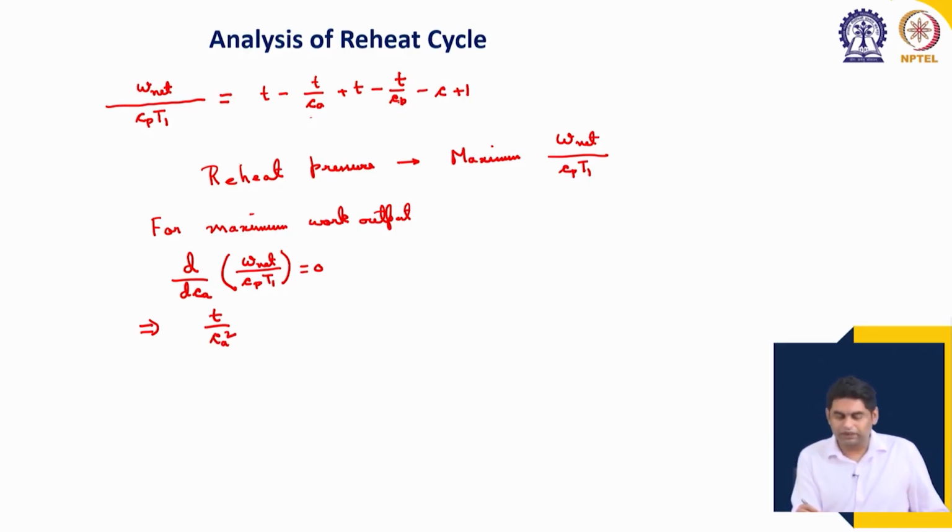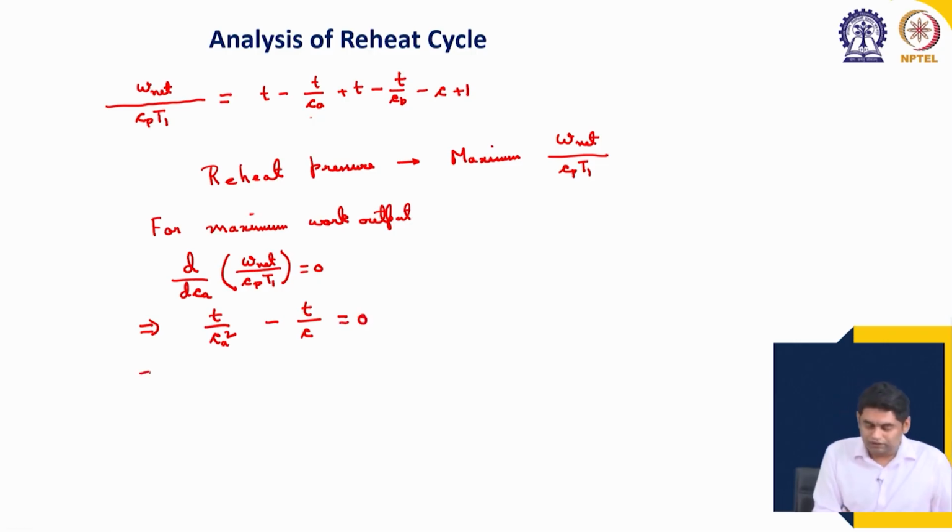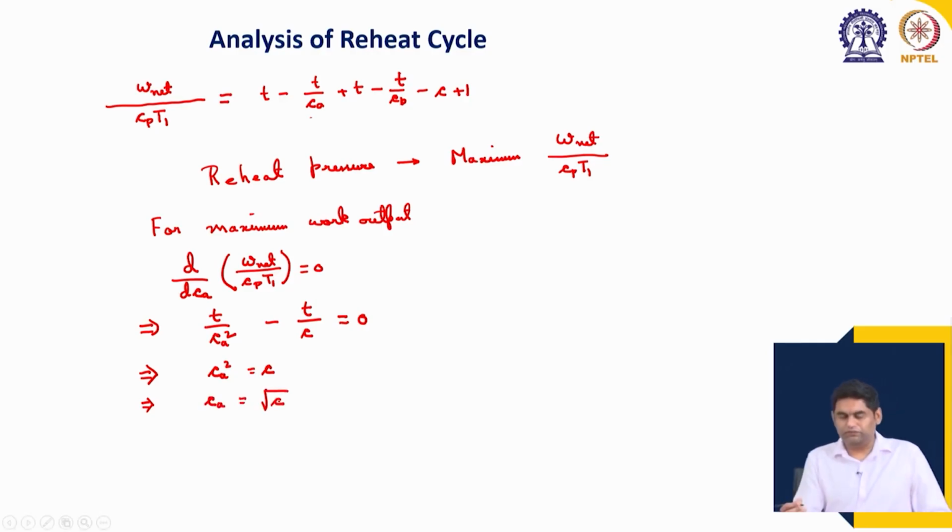C B can be written as C by C A, which will give us after differentiation with respect to C A, T by C, and fifth and sixth terms vanish. So, you are left with this, which means that C A square is equal to C or C A is equal to root C.